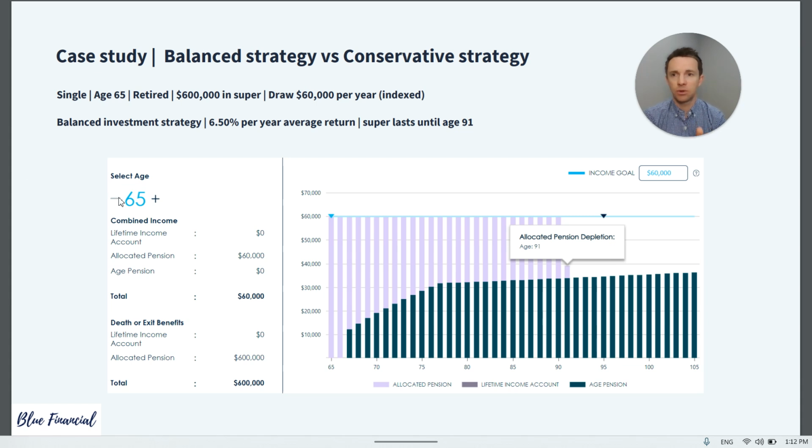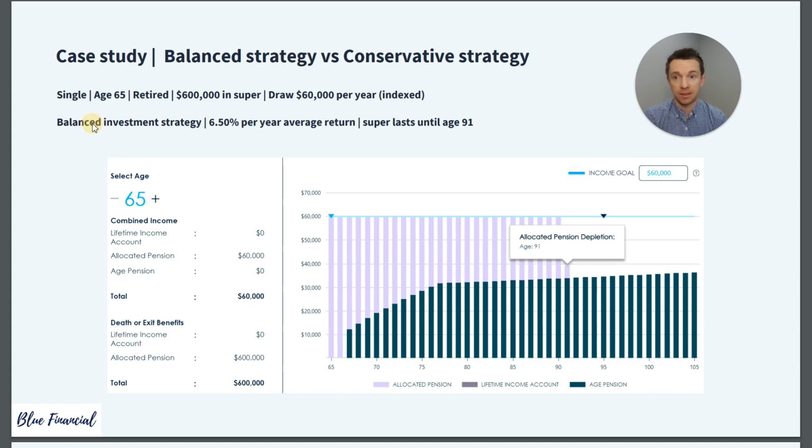Now this person is single, age 65, has just retired, $600,000 in super, no other assets. They're drawing $60,000 per year indexed to inflation, so it's going up each year as expenses rise. And this first one is the balanced investment strategy, assuming a return of 6.5% every year.